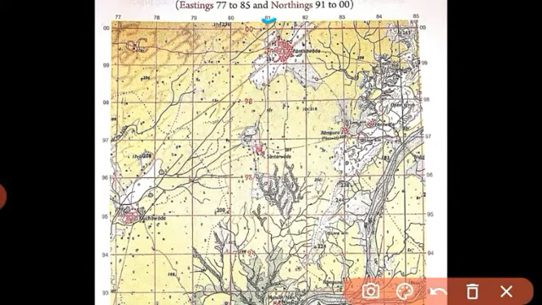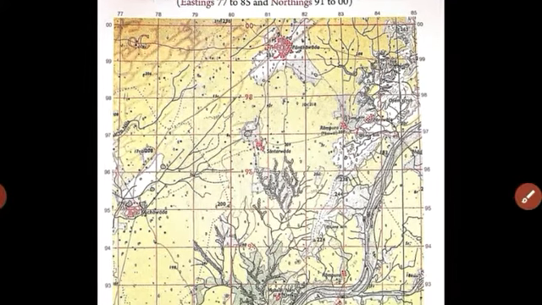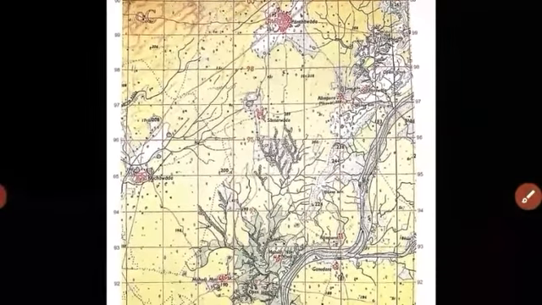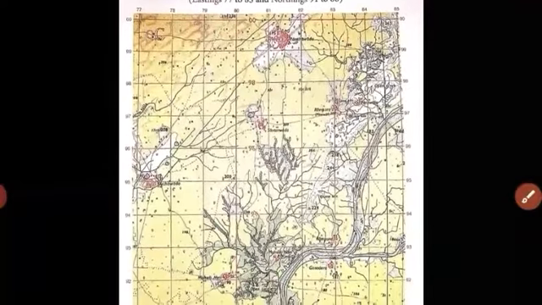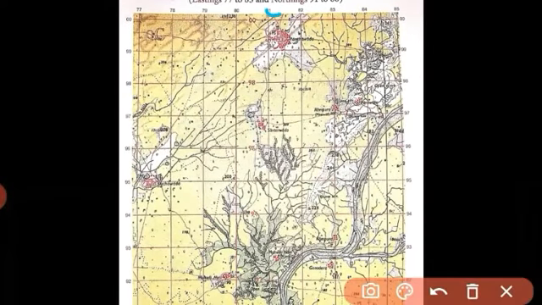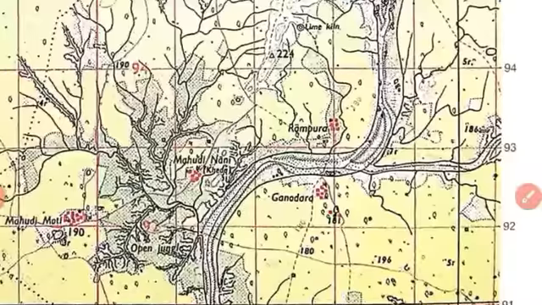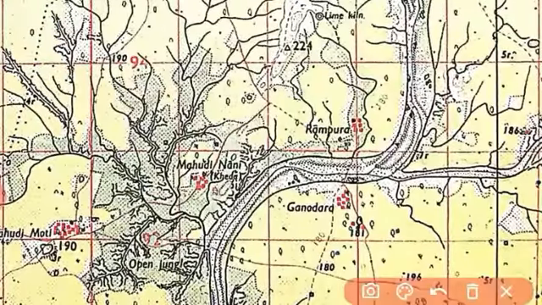This is 81 and this is 92. So one man-made feature in this grid will be a settlement or any other.